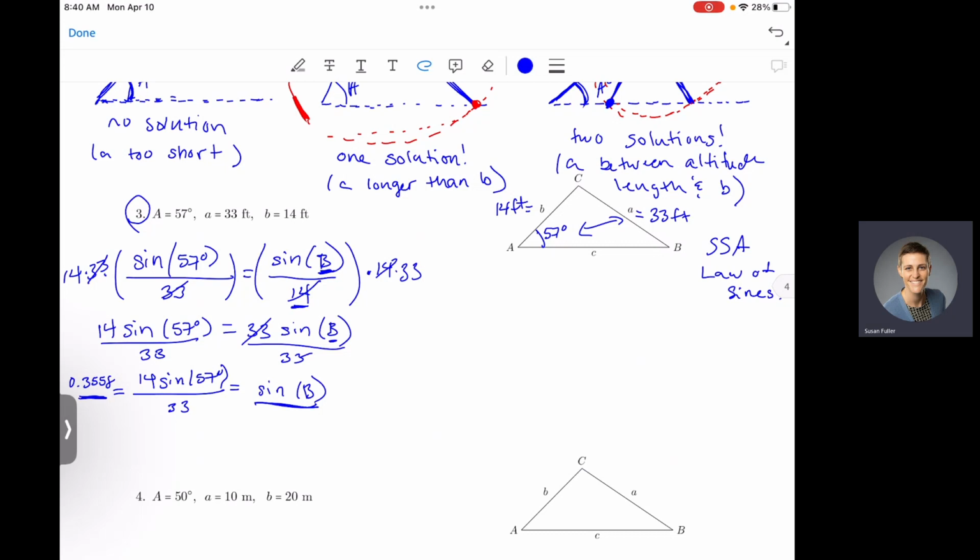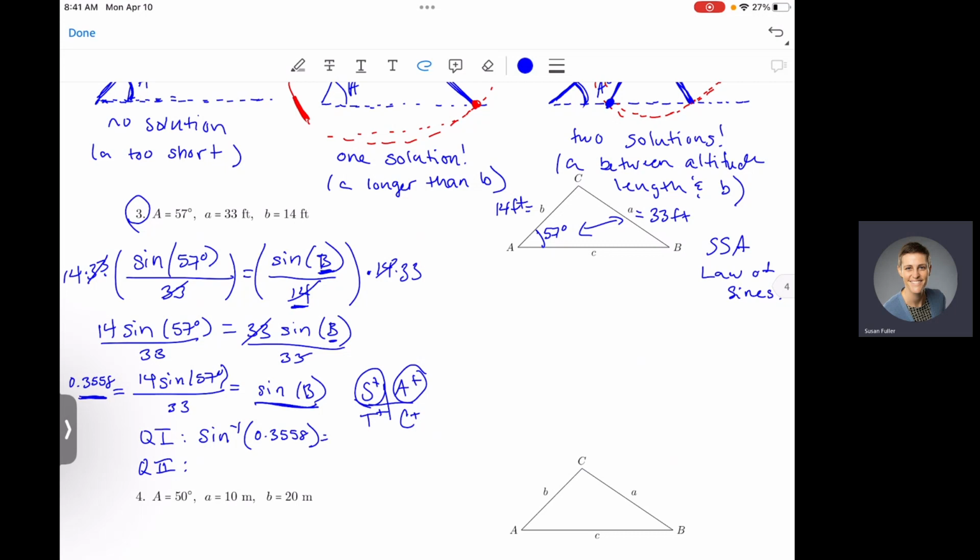I need to find the solutions to this. We know how to do this. Sine is positive, which means I'm going to have solutions where sine is positive in quadrants 1 and 2. So I need a quadrant 1 solution and a quadrant 2 solution. To get my quadrant 1 solution, I am going to do the arcsine of my ratio.